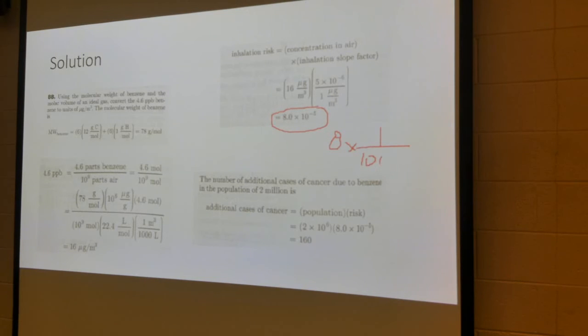So actually it's 100,000 cases, 5 zeros. That's what this number for the risk means. That means we're going to have 8 cases in every 100,000. If my population has 2 million people, and I'm going to have 8 new cases for each 100,000, that's going to give a total of 160 new cases.